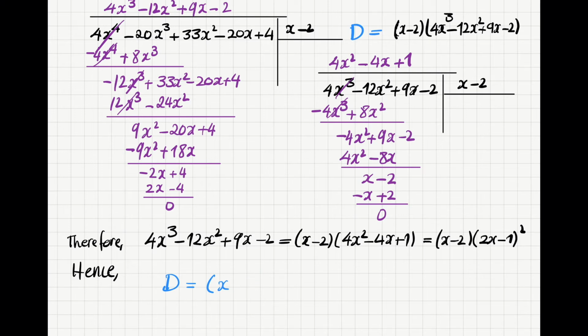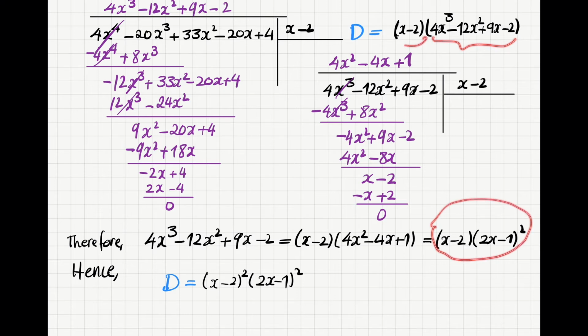Let me write it with black. x minus 2, x minus 2 to power 2, 2x minus 1 to power 2. Yes, so this expression is this. I have to multiply it by another x minus 2, so it becomes x minus 2 to the 2 and 2x minus 1 to the 2.